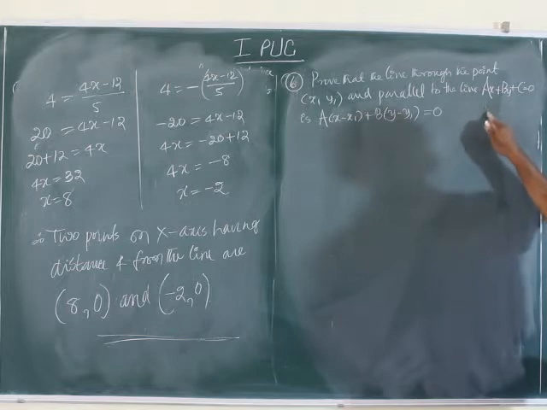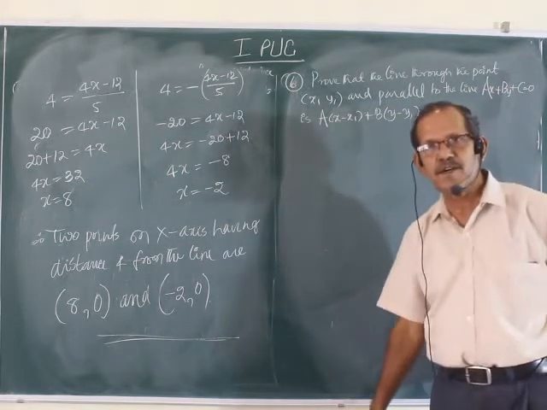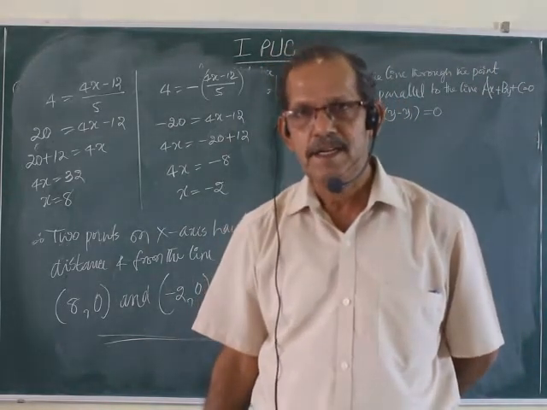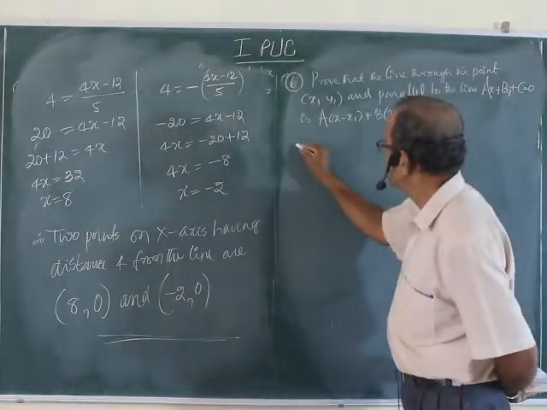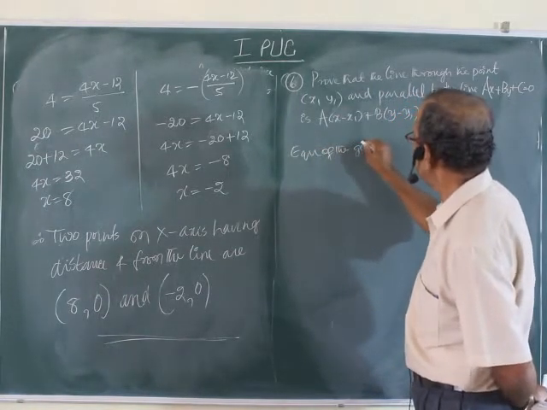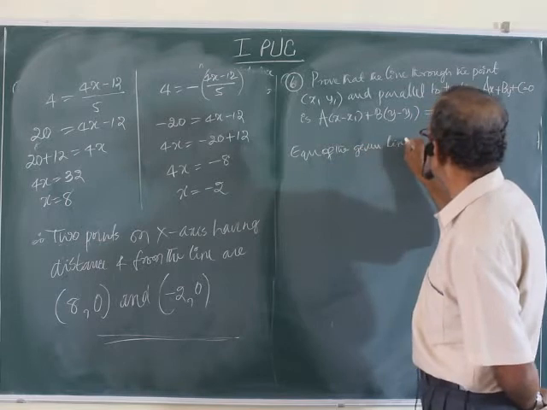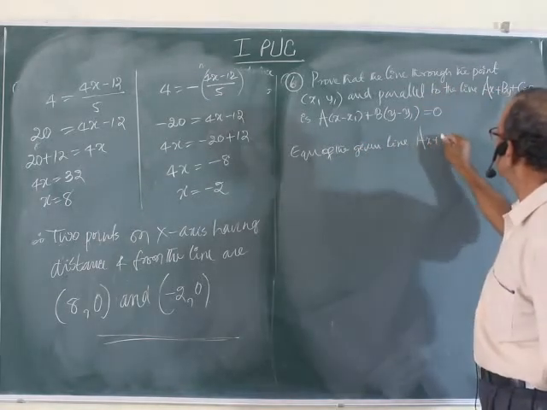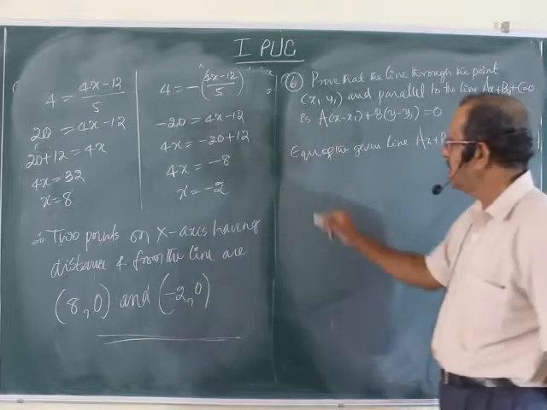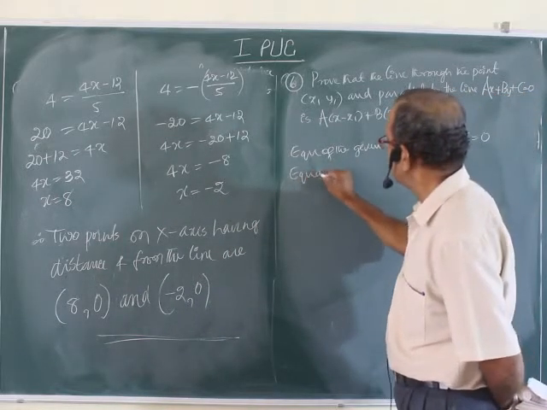Once again it starts from ax plus by, only the constant is different, plus k equal to 0.